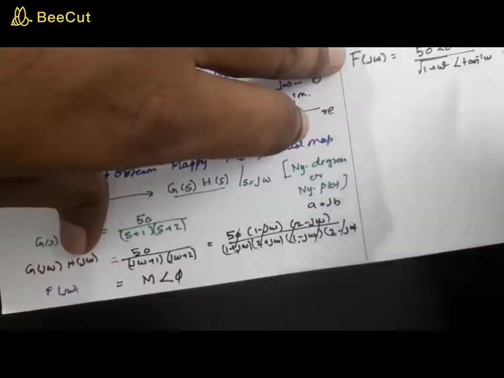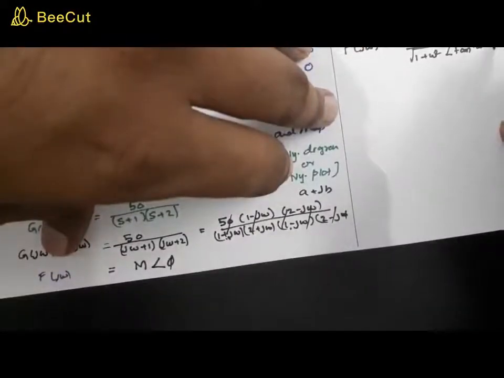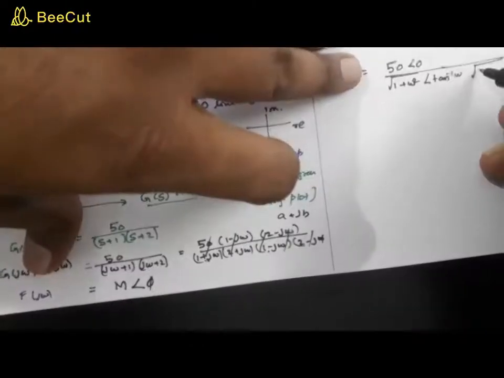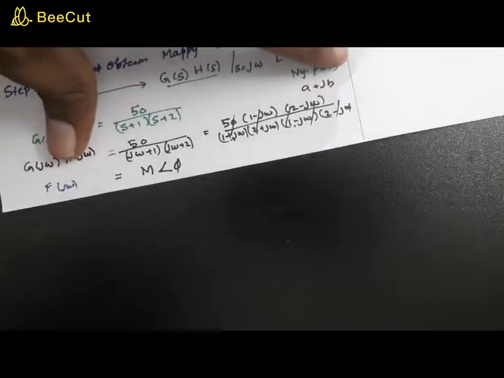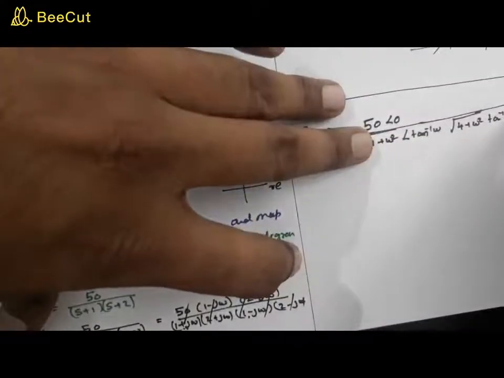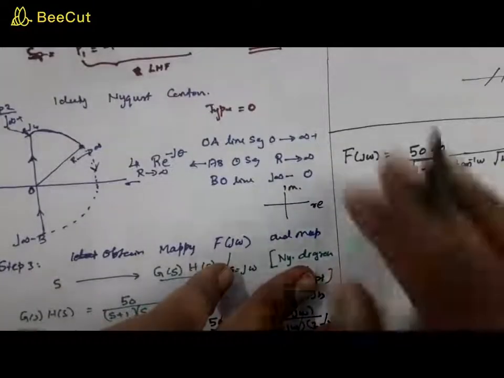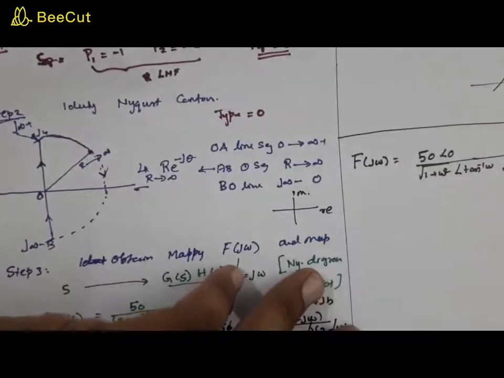Then the other magnitude will be root of 2 square plus omega square, that is 4 plus omega square, angle tan inverse omega by 2. So how will you evaluate that? That's the next thing.